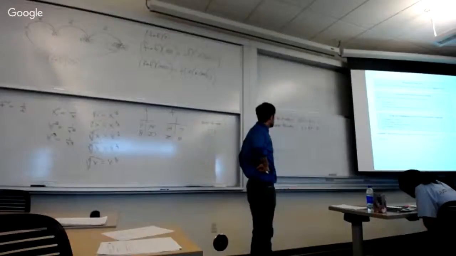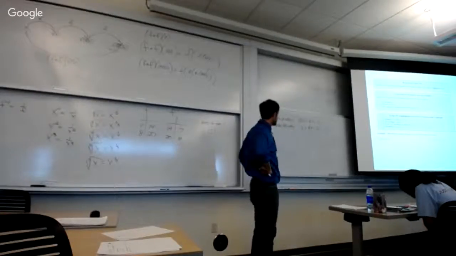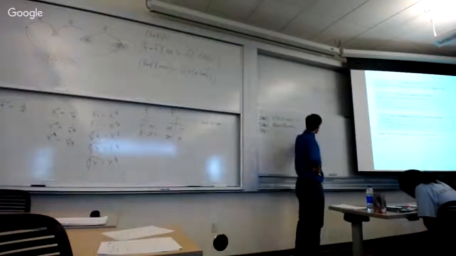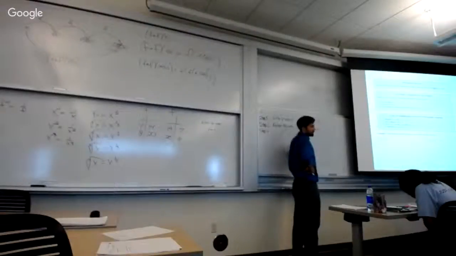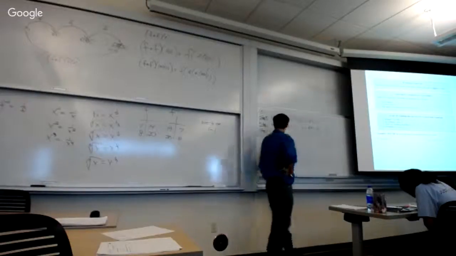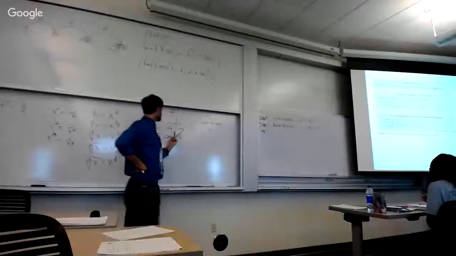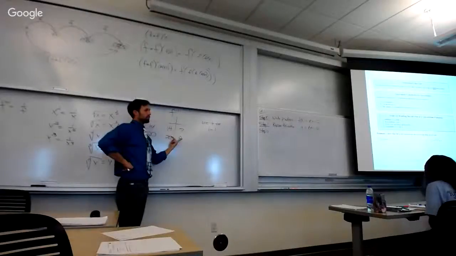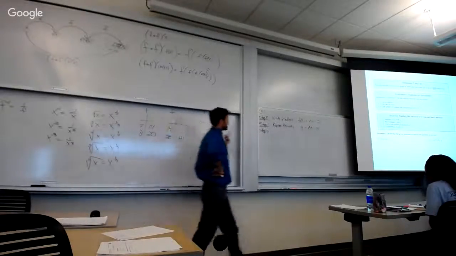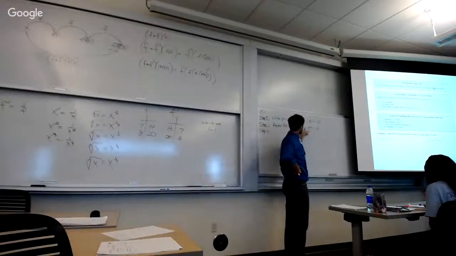Now keep in mind, f of x and y are synonymous. They both mean the same thing. If x is the input, then y and f of x are both the output. Now remember, what's the definition of an inverse? An inverse function flips the role of input-output. So x is the input, y is the output.